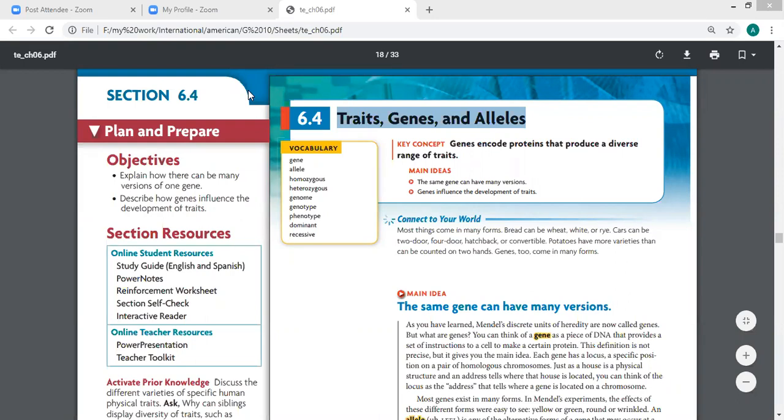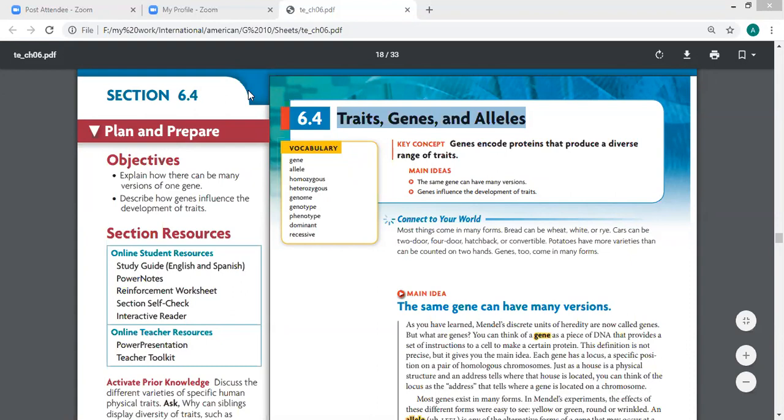Let's remember what was explained in the previous session. In the last session, we explained section 6.3, Mendel and heredity, and we know that Mendel is called the father of heredity due to his experiments.